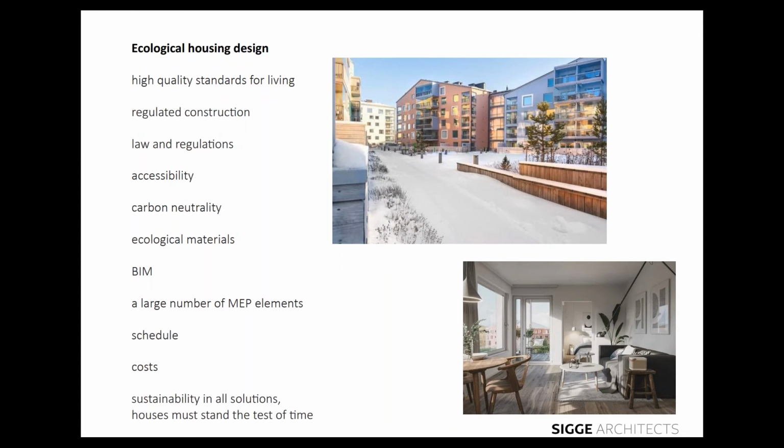Then we have the schedule, of course, and the northern climate, which gives an extra challenge for building around the year. So the outcome of all this is that we have to have sustainability in all solutions. These houses must stand the test of time.